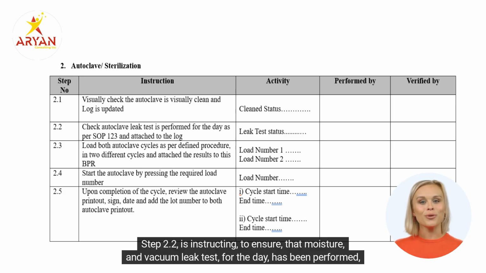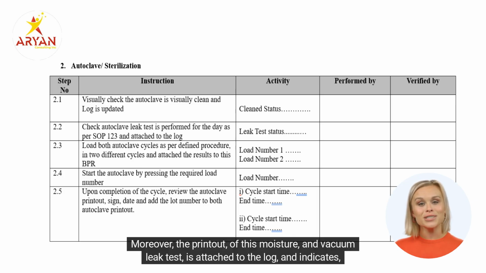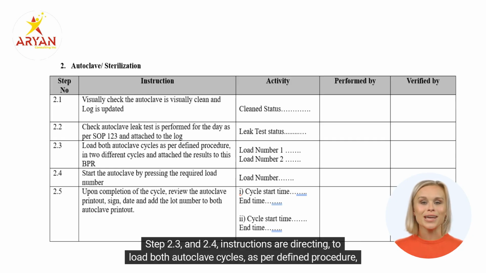Step 2.2 is instructing to ensure that moisture and vacuum leak test for the day has been performed and status shows okay. Moreover, the printout of this moisture and vacuum leak test is attached to the log and indicates a pass result.